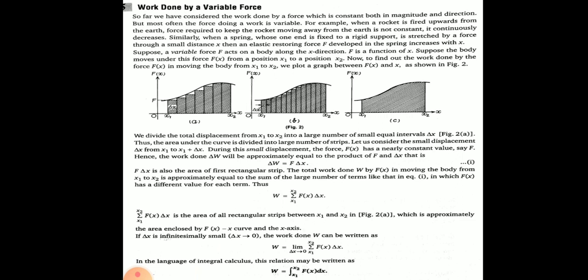Then the case is simplified by dividing the shape into extremely small elements. These elements are very close to small rectangles.